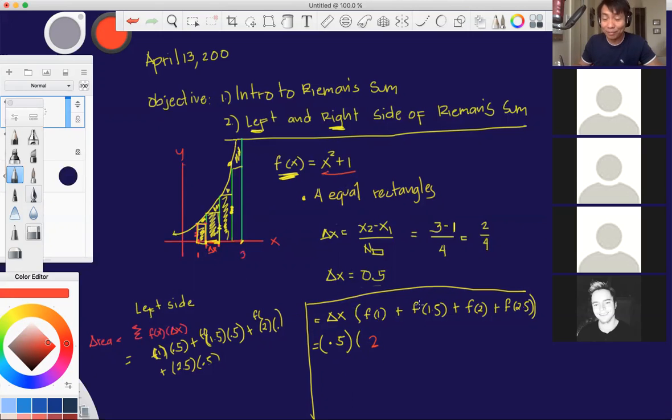Now for the f of 1.5, how would that lead us? So again, guys, replace your x with 1.5. So we get 1.5 squared. That would just give us 2.25. 3.75? Did I do it wrong? Anybody else, can you check it again?